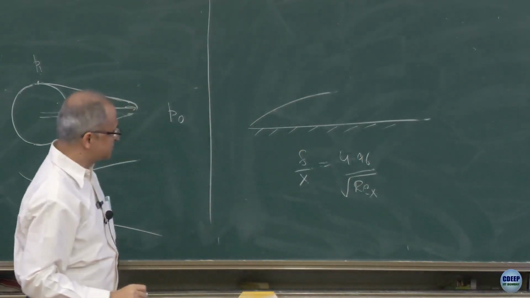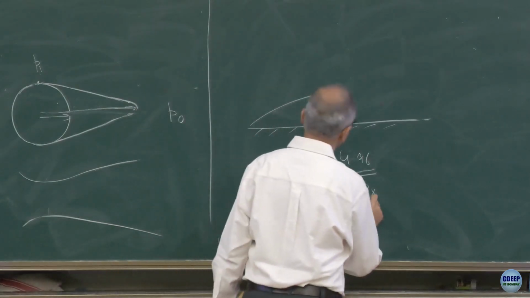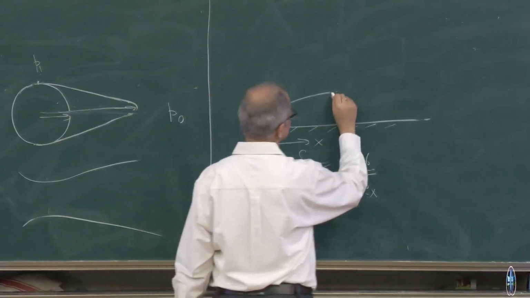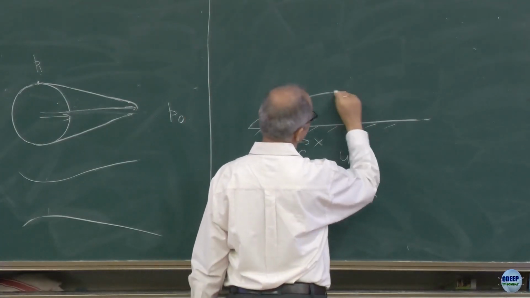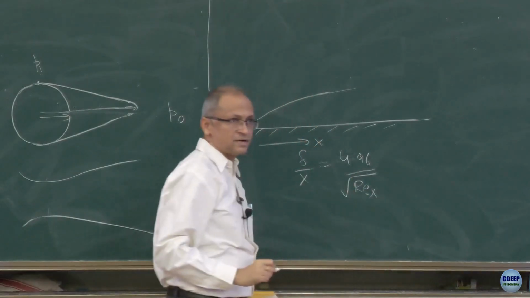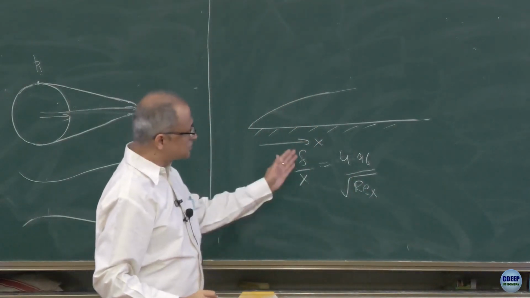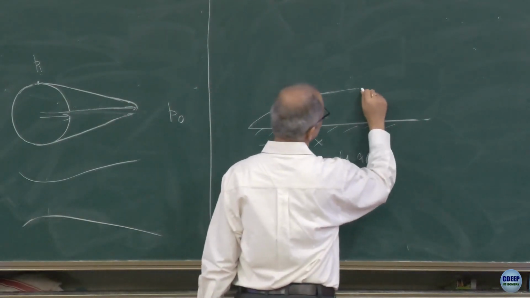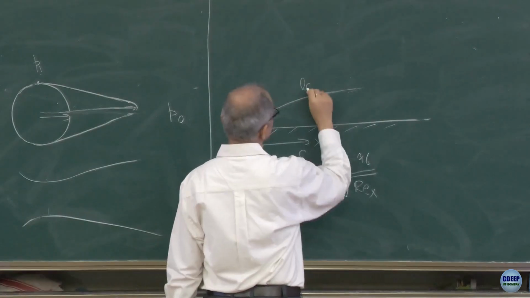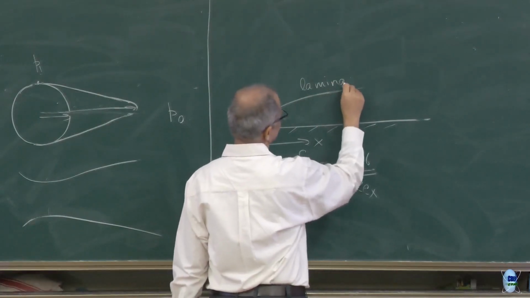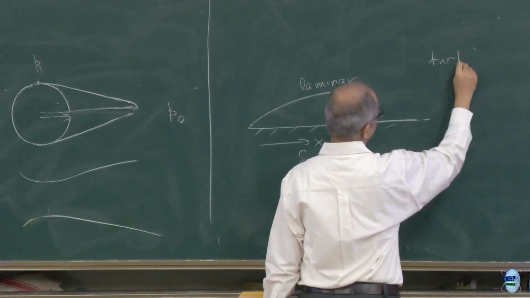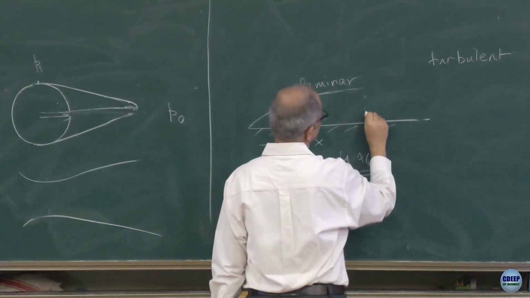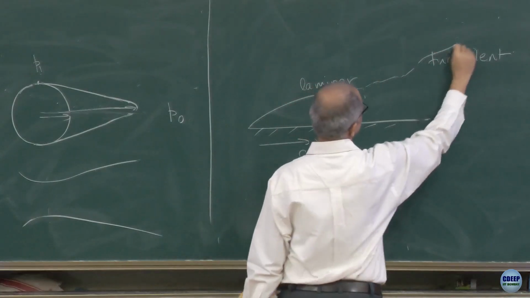Okay, so we have seen that as we go further into the flow, this is my x direction, Rex is increasing, the boundary layer thickness is increasing, and beyond a point, there will be a transition that would happen. Okay, and you will go from this laminar boundary layer to a turbulent boundary layer. Okay, and this happens over some region, which is the transition regime.